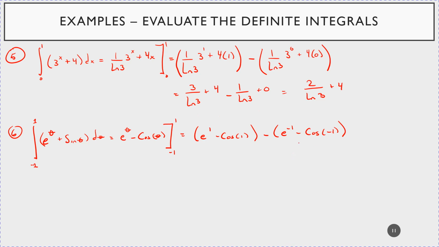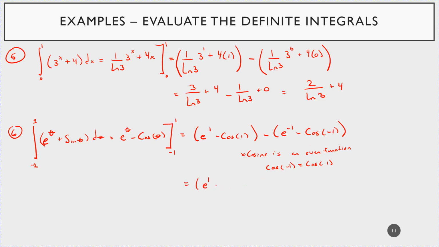So there's actually something you've got to remember. Cosine is an even function, and what that means is cosine of -1 is the same thing as cosine of 1. So let me plug that in.